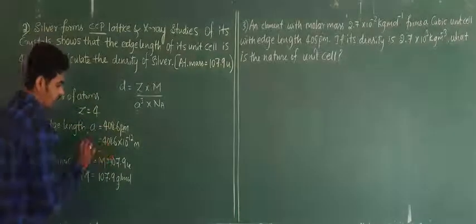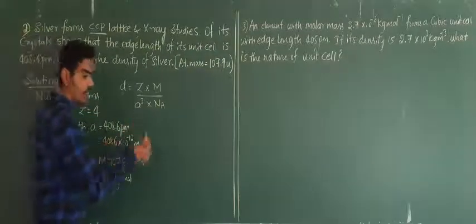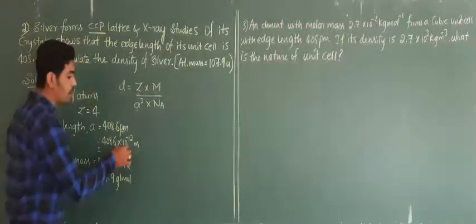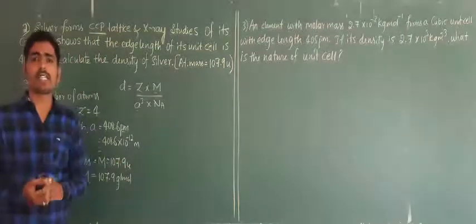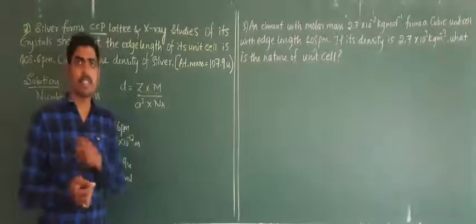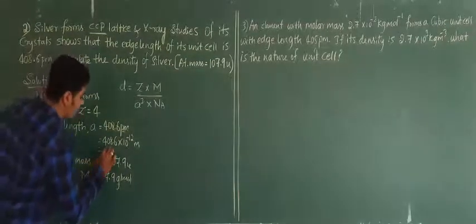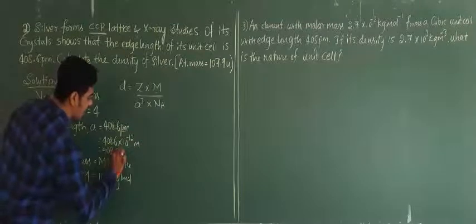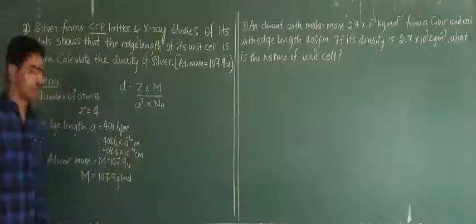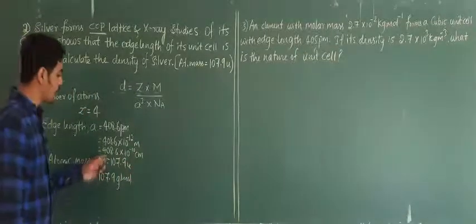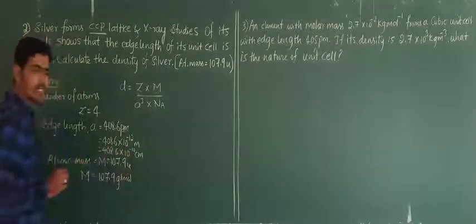So here we convert meter into centimeter by multiplying with 100, because 1 meter is equal to 100 centimeter, that is 10 raised to 2. So its value becomes 408.6 into 10 raised to minus 10 centimeter. Now I have converted this into centimeter.